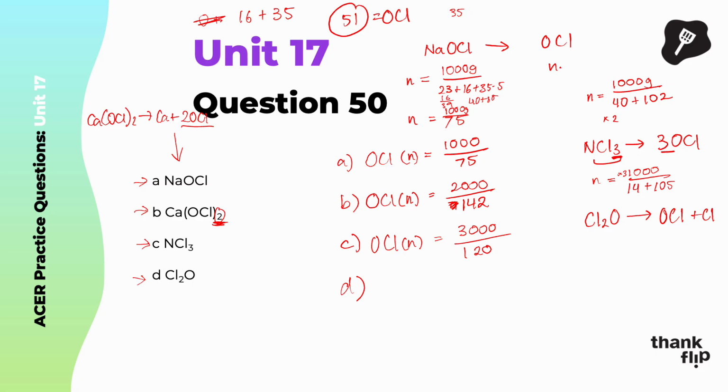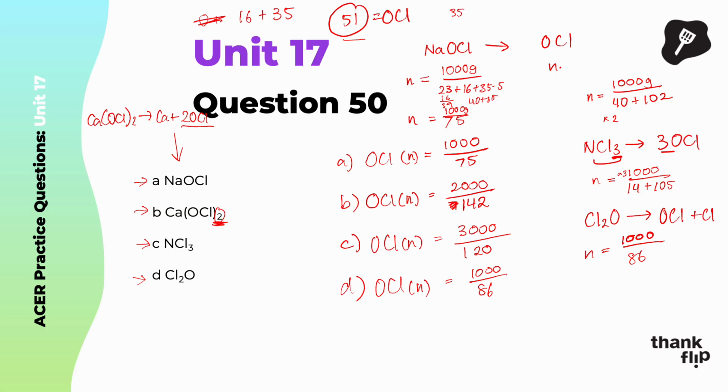Okay, so here, same thing, n is equal to 1,000 over, we have 51, which is our OCl, plus another 35. So we have 86.